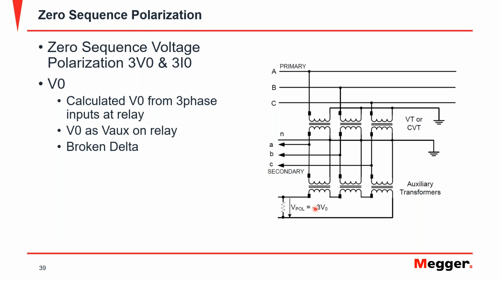Remember that the zero sequence component, if you remember the equation, is simply VA plus VB plus VC, one third of that. So if we use this connection that we have here, in which we are connecting the secondaries of 3 auxiliary transformers in series, and with the proper polarity, then we have VA plus VB plus VC, the sum right here, and we can connect a voltage sensor to measure directly the 3V0 polarization voltage.